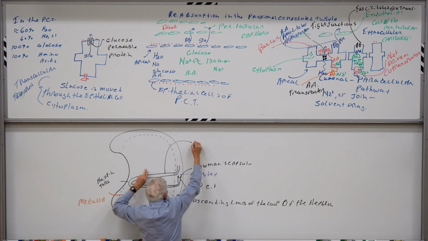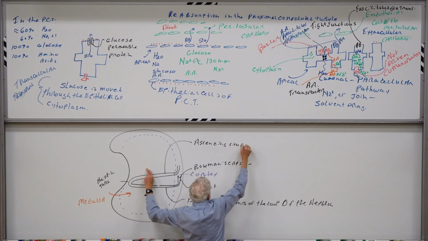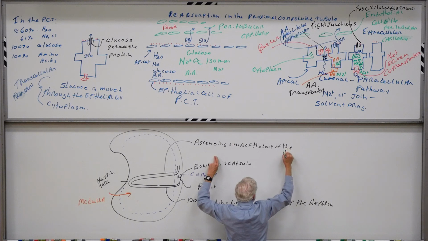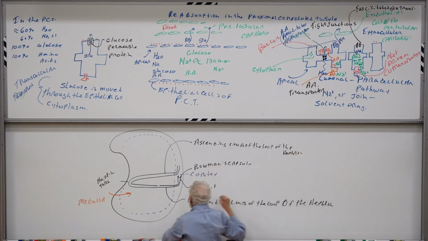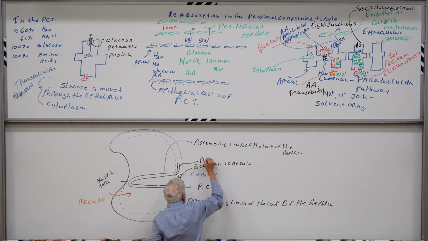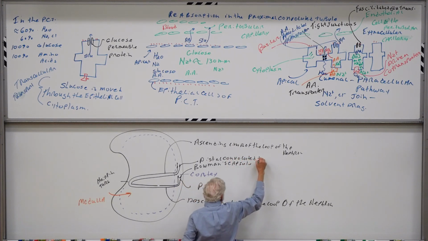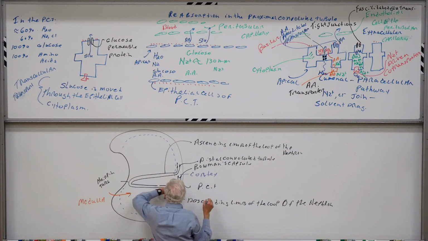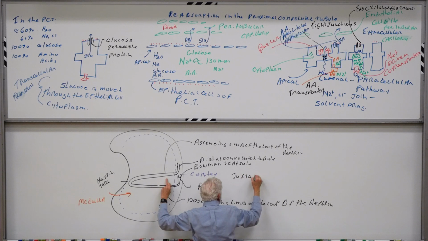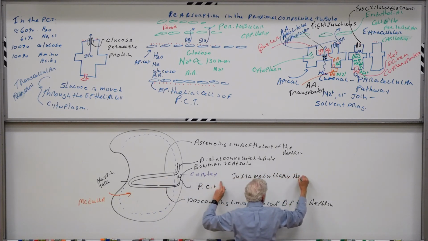This region is known as the ascending limb of the loop of the nephron. And this now empties into a structure, again, out in the cortex, called the distal convoluted tubule. Now, these are all parts of a particular nephron known as the juxtamedullary nephron.